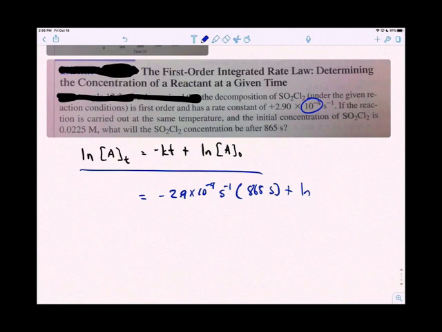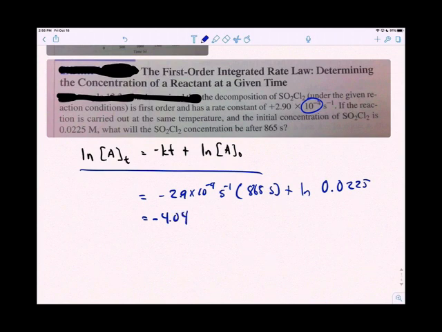The initial concentration is 0.0225, and you plug this in and you get minus 4.04.